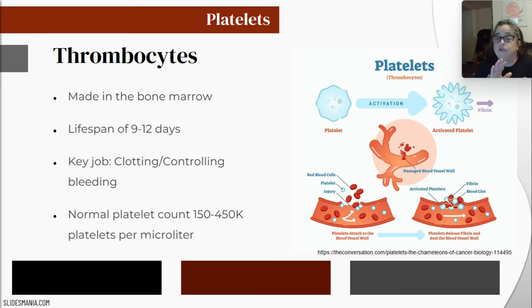Having too few platelets is definitely a problem, because that means if you get injured, you don't stop bleeding the way you should. But having too many can also be a problem if your blood is clotting when it doesn't need to, or clots too much in response to an injury.